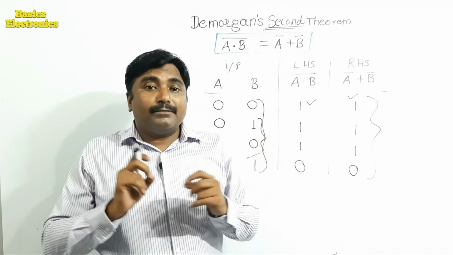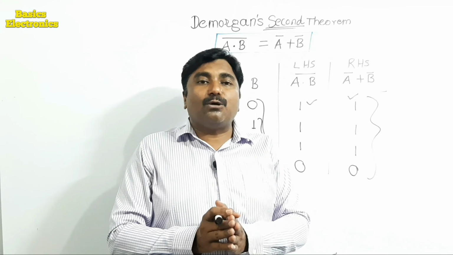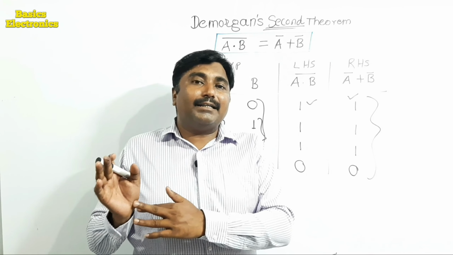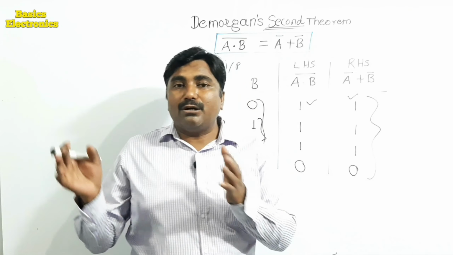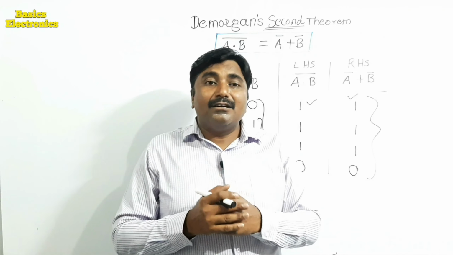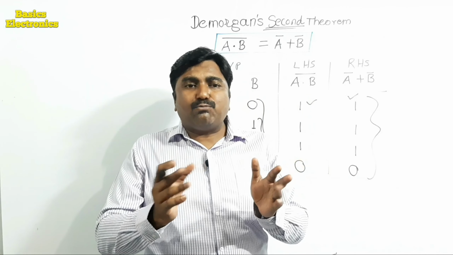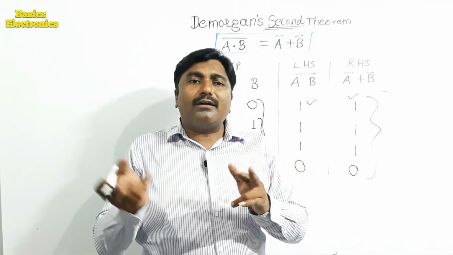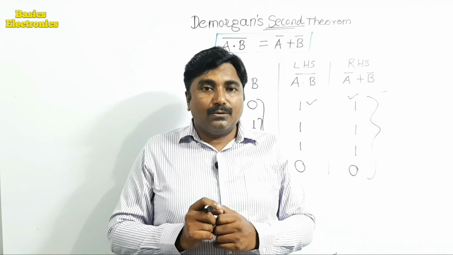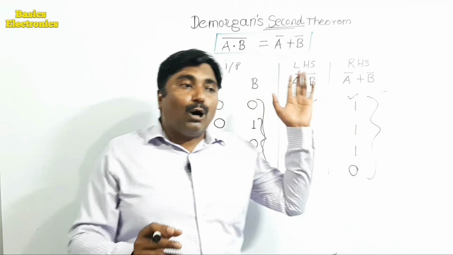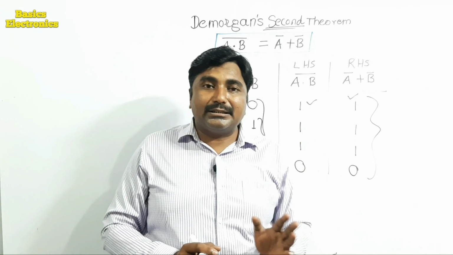But sometimes they may ask for any one theorem. So depending on the question we have to write down the answer, whether it is for the first theorem or the second theorem, you have to write it all in sequence. Okay, so this is all about De Morgan's theorem.